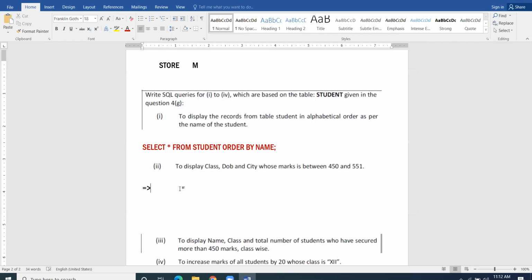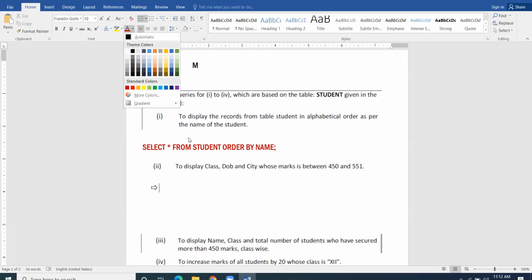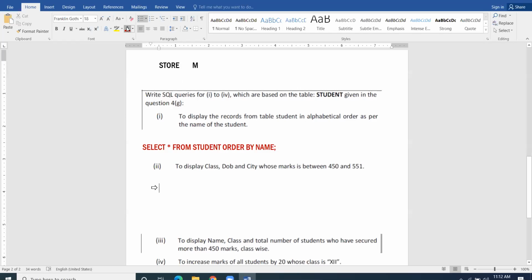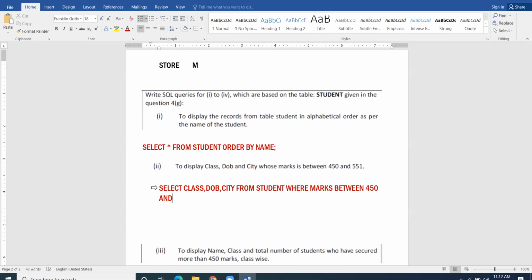So this will become select class, comma, date of birth, comma, city from student where marks between 450 and 551, semicolon.